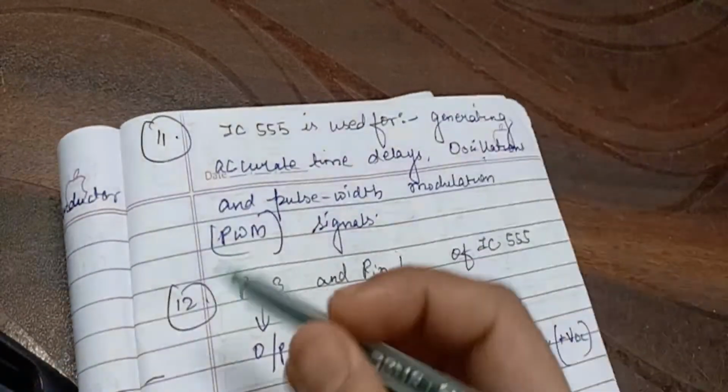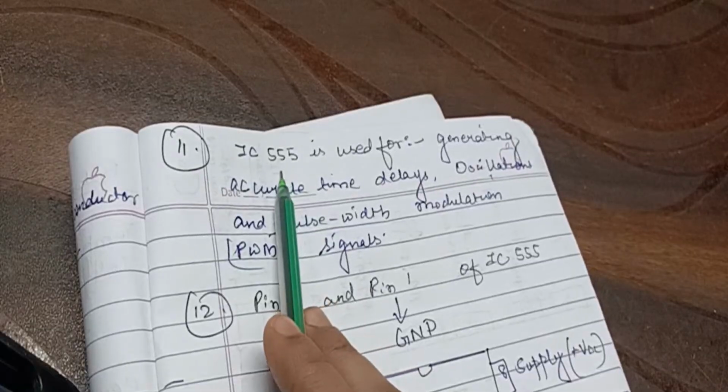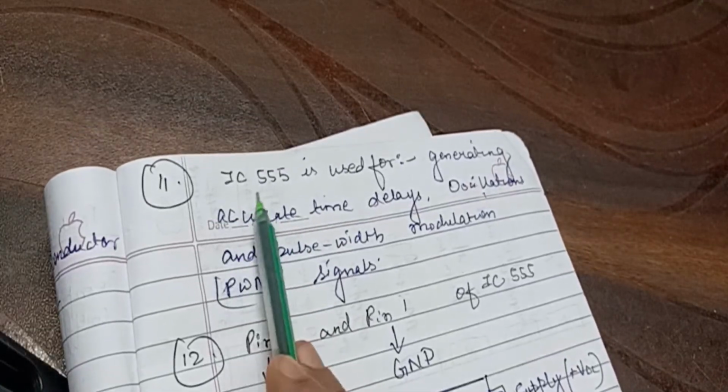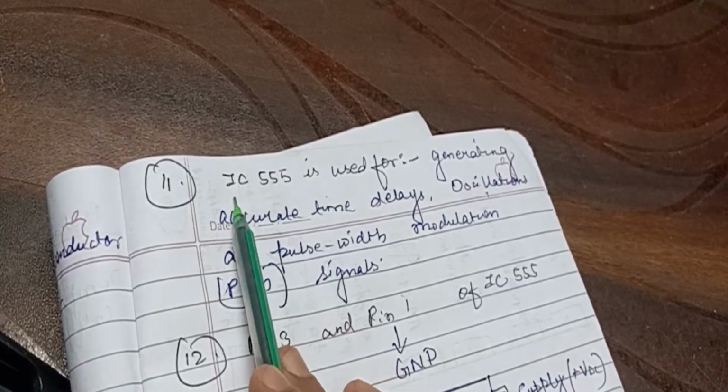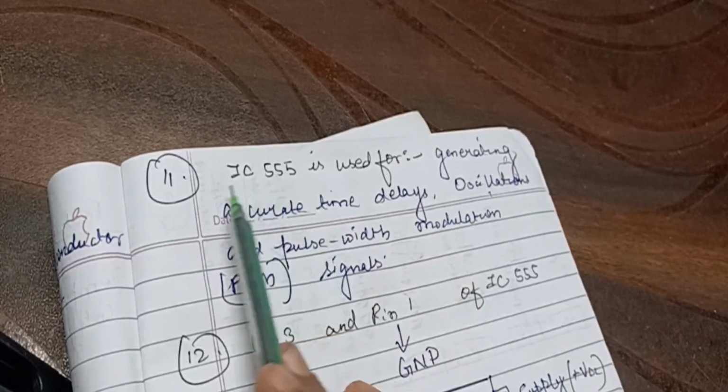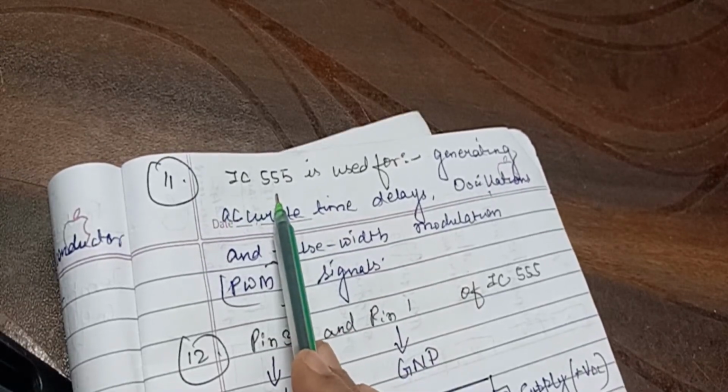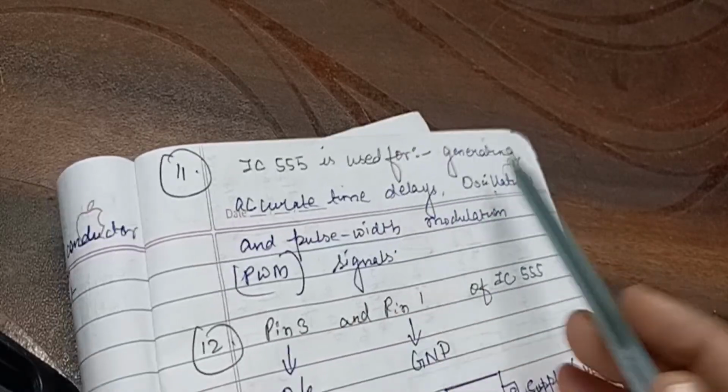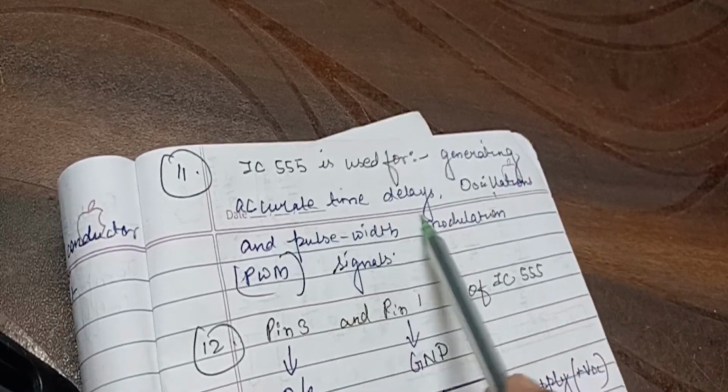The next question can be, what is the use of IC 555 timer? IC 555 timer can be used for generating accurate time delay.